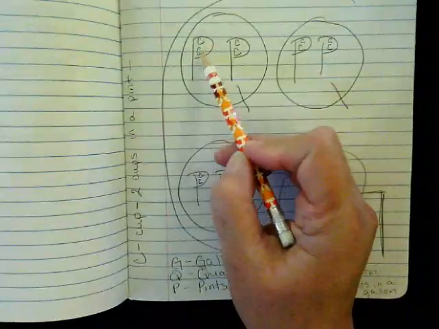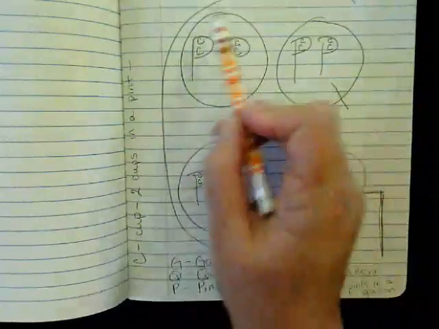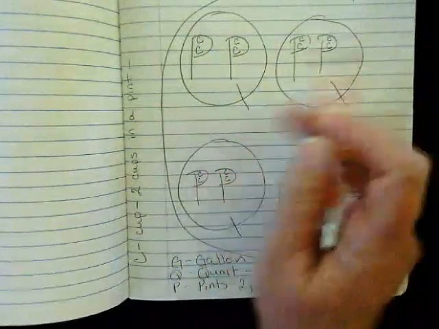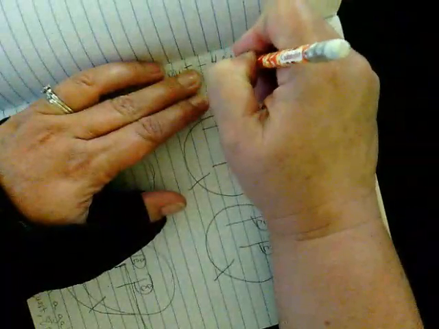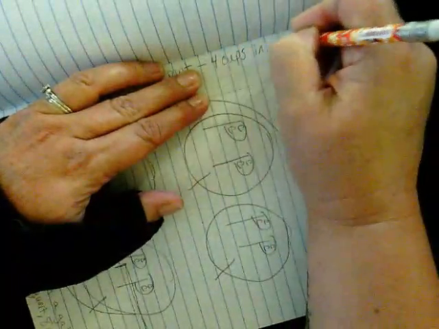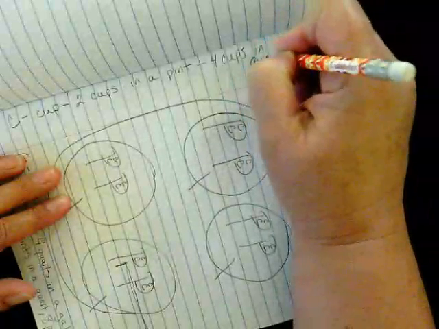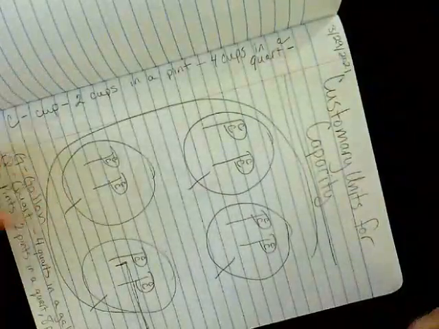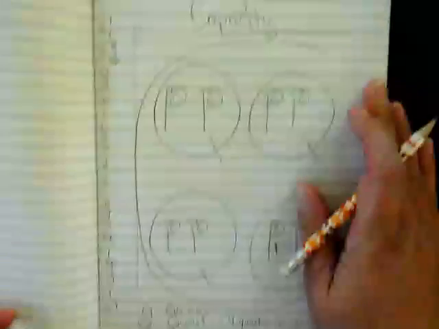How many cups are in a quart? I have 2 cups in my pint. How many are in my big Q? I have 1, 2, 3, 4 cups in a quart. Yeah? So how many cups do I have in a gallon?